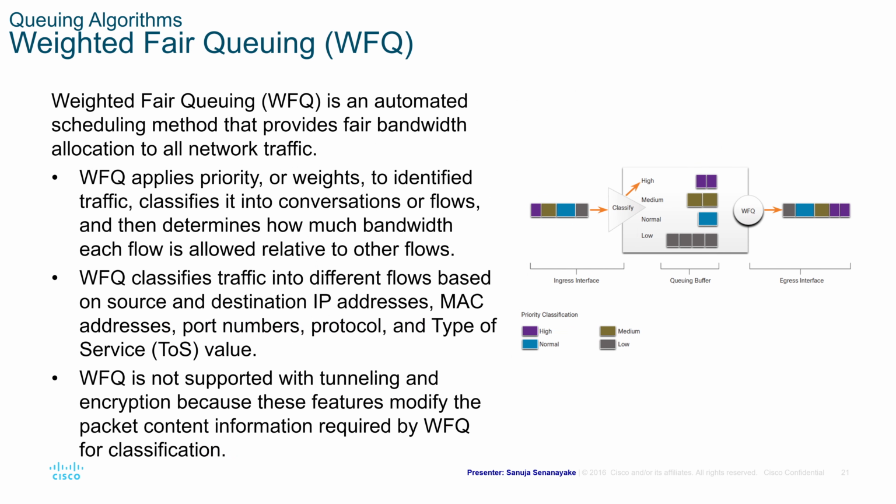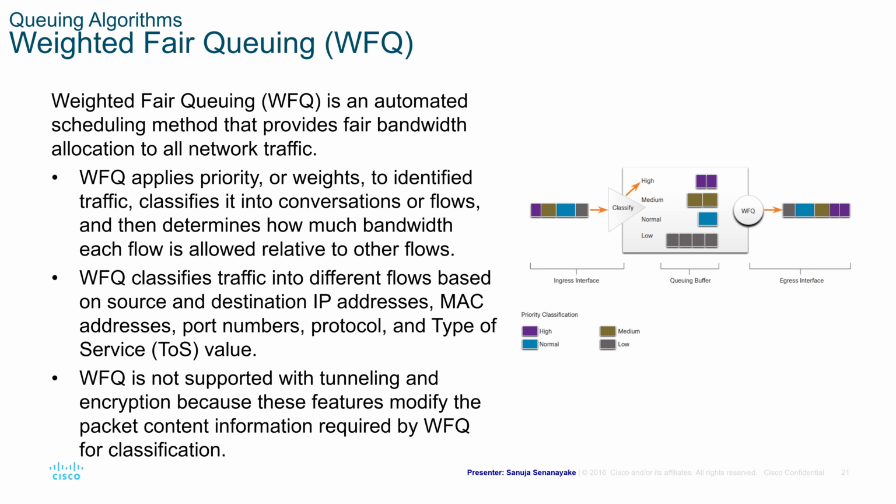The next one is weighted fair queuing, also known as WFQ. Weighted fair queuing is an automated scheduling method that provides fair bandwidth allocation to all network traffic. WFQ applies priority, or weights as we call them, to identify traffic, classifies it into conversations or flows, and then determines how much bandwidth each flow is allowed relative to the other flows.